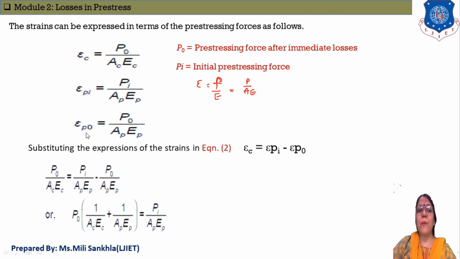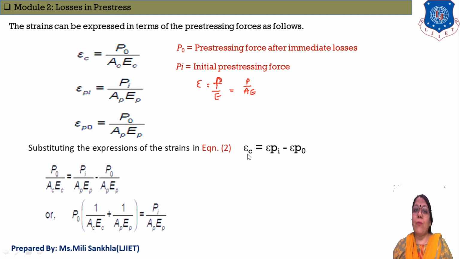Now epsilon p0, the residual strain in the prestressing steel, is equal to P0, the prestressing force after immediate loss, divided by the area of prestressing steel into Young's modulus Ep.